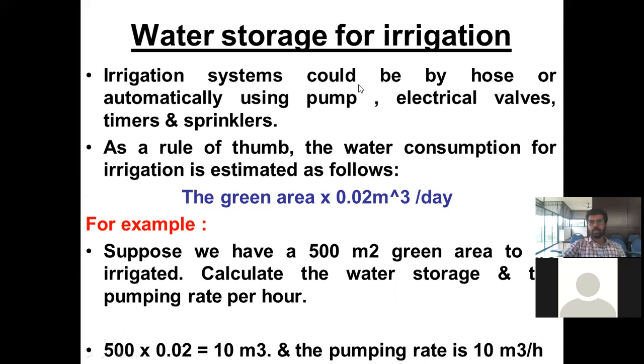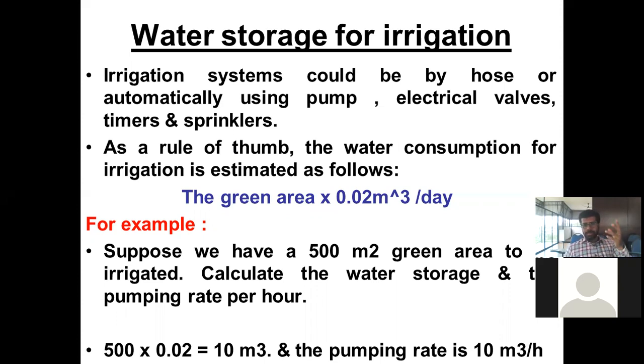The irrigation system could be by hose, or automatic using a pump, electrical valves, timers, and sprinklers. Usually the water will be supplied to the hose, or automatically using a pump. From the pump, there will be electrical valves, timers, sprinklers, solenoid valves, and so on.